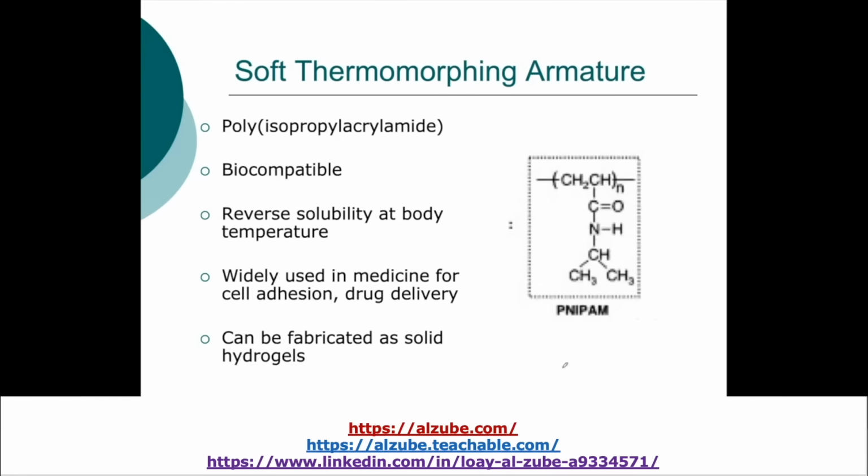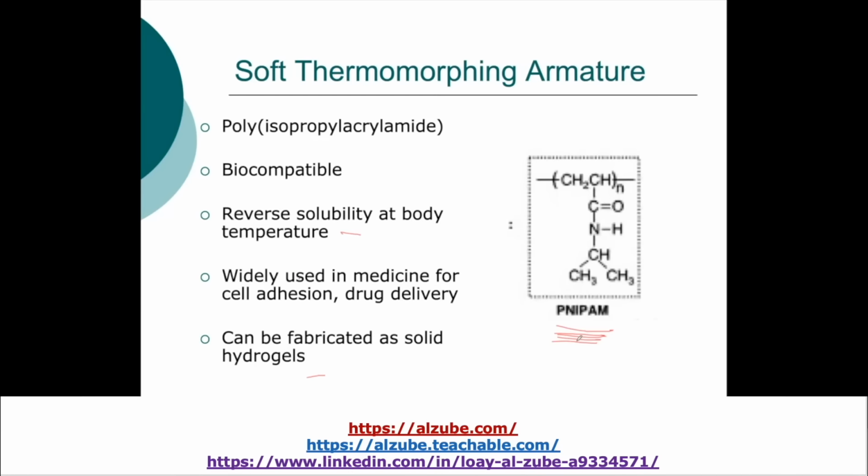So here, what we mean by that is it's not going to dissolve at body temperature, but it will solidify at body temperature, and that's what we want. We want it inside the body to be solid and to take shape and form. It's widely used in medicine for cell adhesion and drug delivery, and can be fabricated as solid hydrogels. So this is PNIPAM, and that is a very important material in medicine.